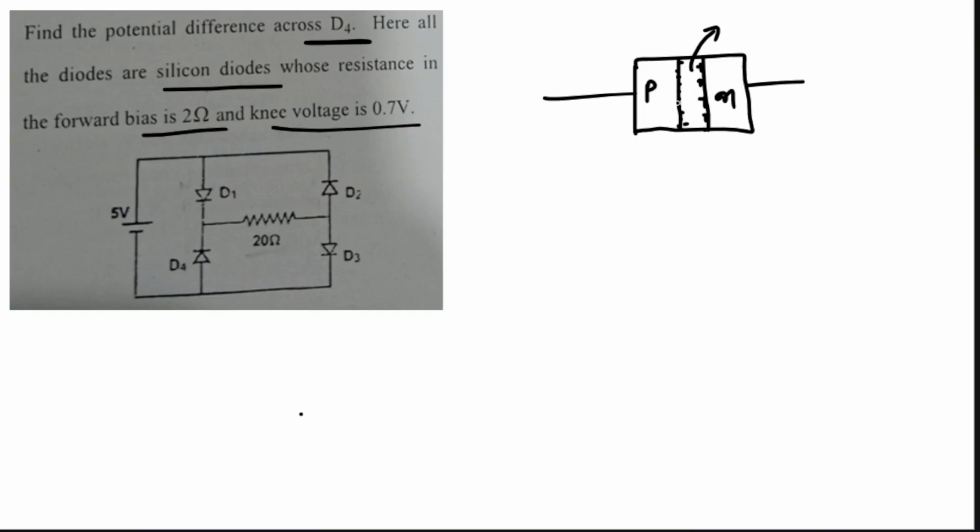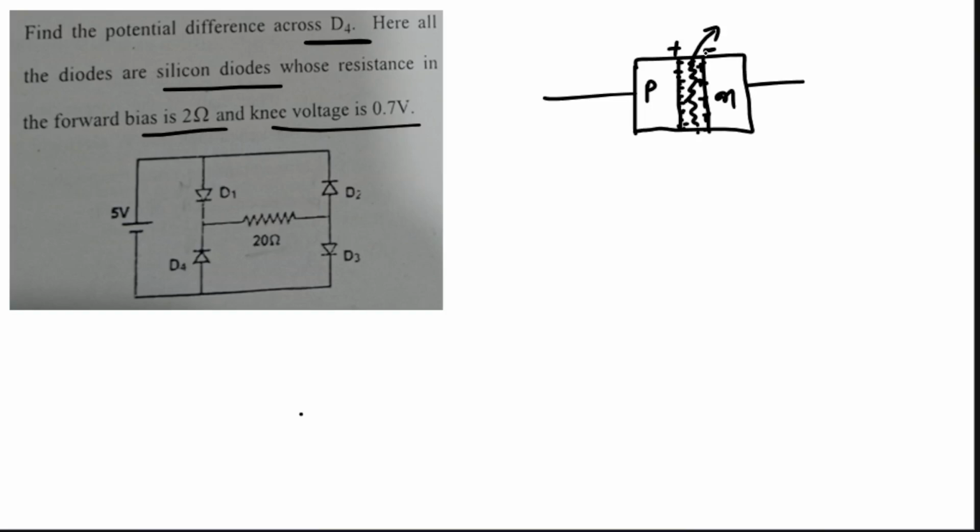And if you have to make this whole PN junction conducting, you need to make this region disappear. We can make it disappear if, whatever negative potential is over here, we drop the same value of positive potential here, and whatever positive potential is here, we drop the same value of negative potential here.